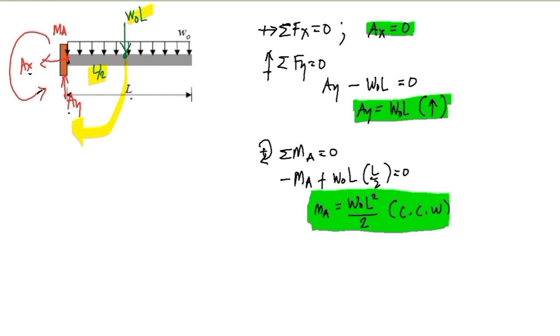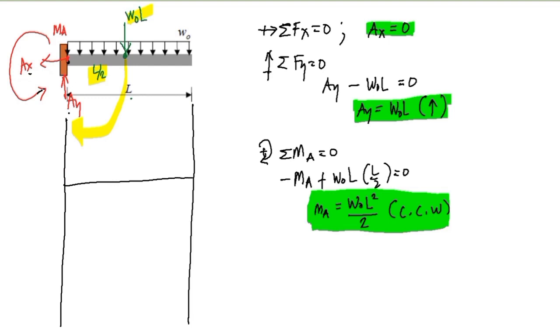So, we have here our shear and moment diagram. And for the shear diagram, start with the shear diagram. Meron tayong WOL upward. So, aakyat tayo ng WOL, magnitude na WOL.